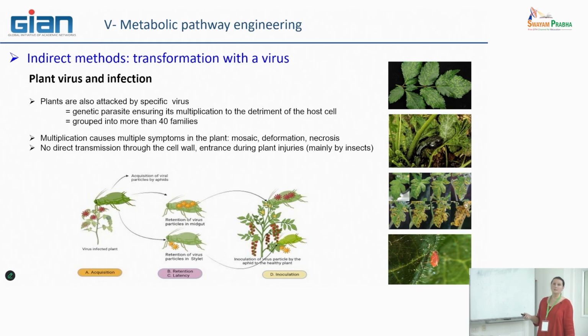You may have necrosis, which is also a common symptom. It's quite easy to see when your plant is infected, but it's generally too late to apply anything to try to stop the infection. In fact, it is always too late. The only solution we have is to cut and eliminate.